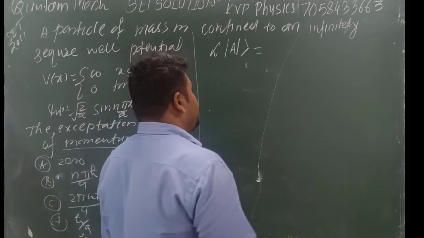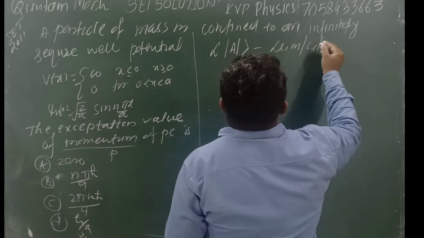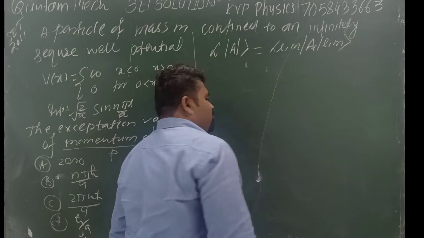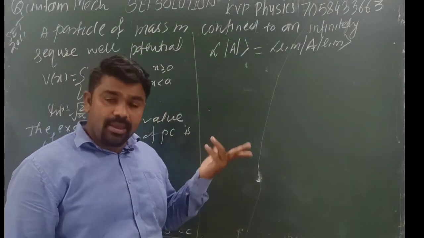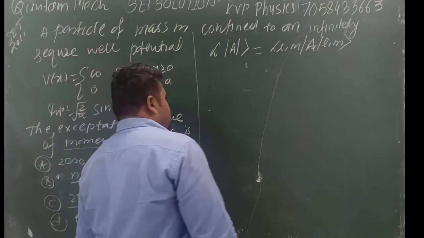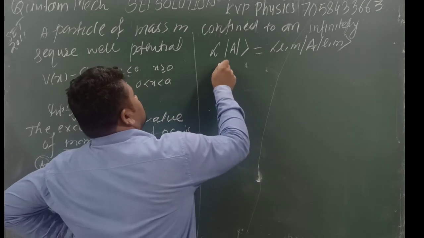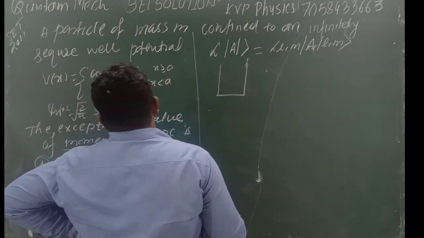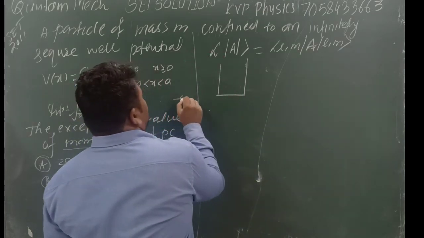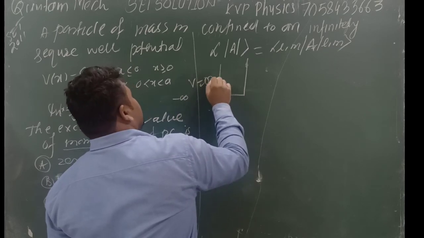At that time, we can take |l, m> as the basis. But for a box system, which one can we take as the basis? Basis means wave function. The state is here. Potential is equal to infinity in which region? Minus infinity to 0. Here potential is equal to how much? 0. Potential is equal to how much? Infinity.